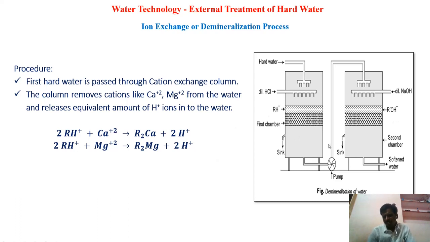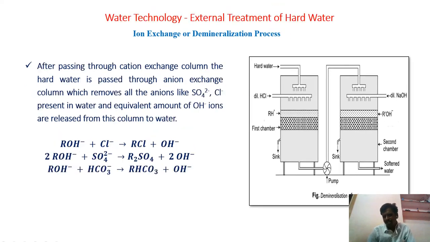That acidic water is now allowed to pass through the anionic exchange resin. In this anionic exchange resin, the chlorides and sulfates present in the water are replaced with OH minus ions of the resin. So the water coming out through this column is free from both cations as well as anions. Initially H plus ions come out through the first column and OH minus ions come out through this column.